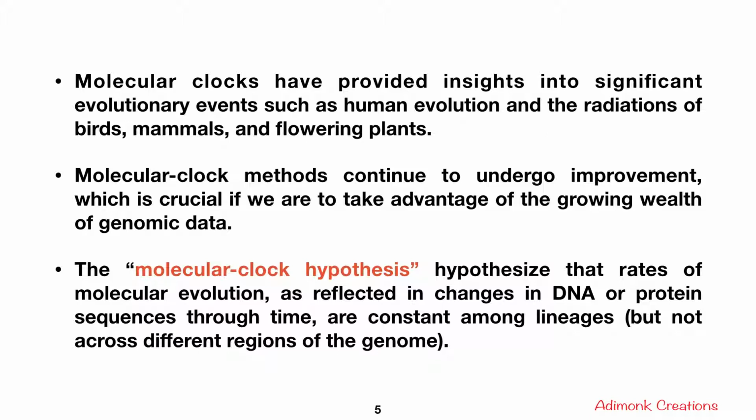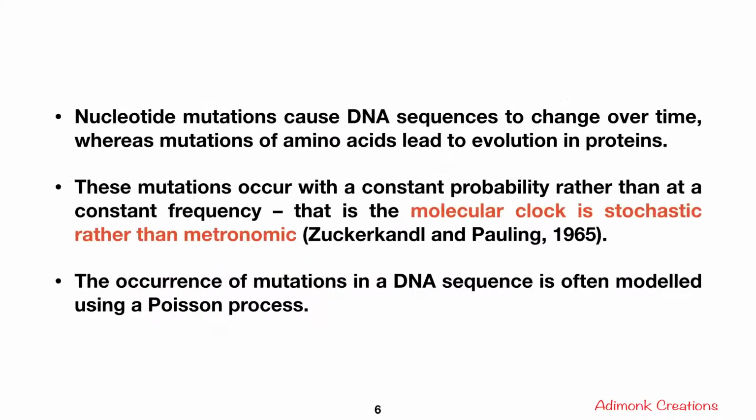The molecular clock hypothesis states that the rate of molecular evolution, as reflected in changes in DNA or protein sequences through time, is constant among the various lineages. But it also says that it is not constant across different regions of the genome. Nucleotide mutations cause DNA sequences to change over time, whereas mutations of amino acids lead to evolution in proteins.